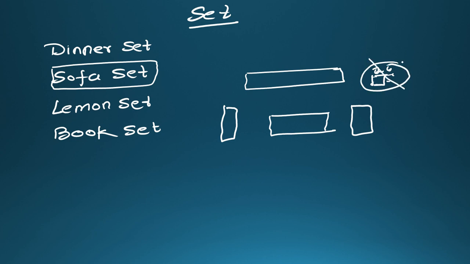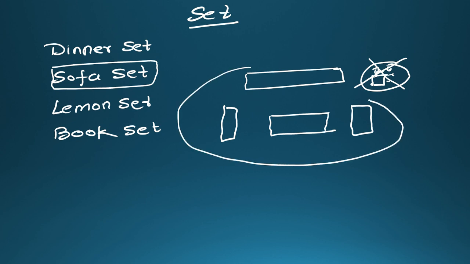Then you will say no, it will not be part of the sofa set. Why? Because it doesn't match the given design of the other chairs. So it doesn't match the given criteria for a particular thing to belong to a particular category. This is the basic and important thing for anyone to understand about the set.